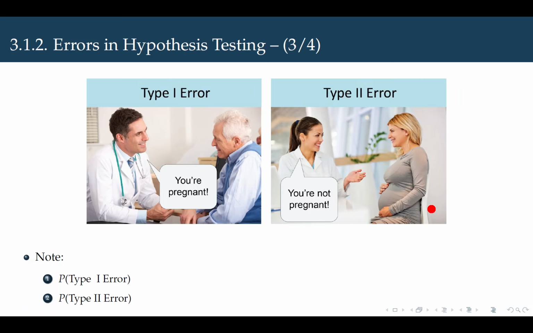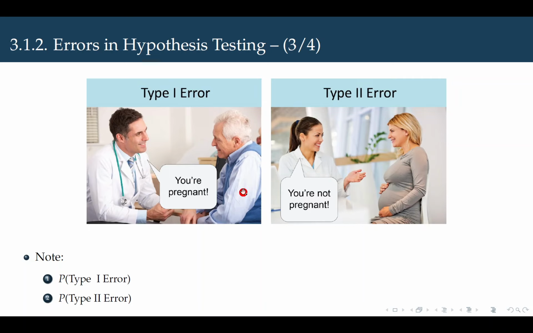So here the null hypothesis states that there is no pregnancy, because the null hypothesis always states that there is nothing, no impact, no difference, no association, no correlation, and so on. So for these two pictures, the null hypothesis H naught states that there is no pregnancy.